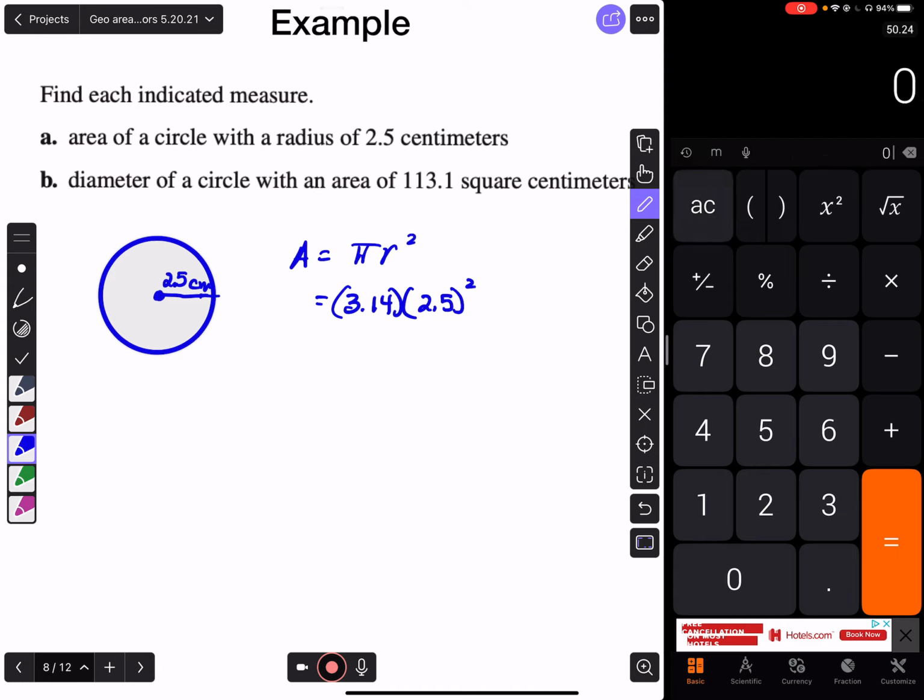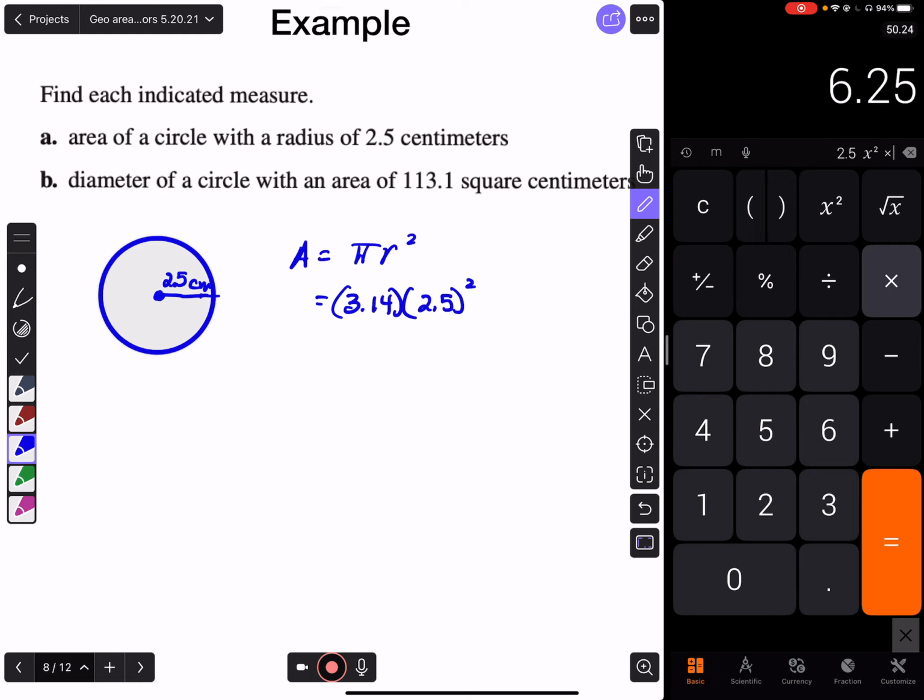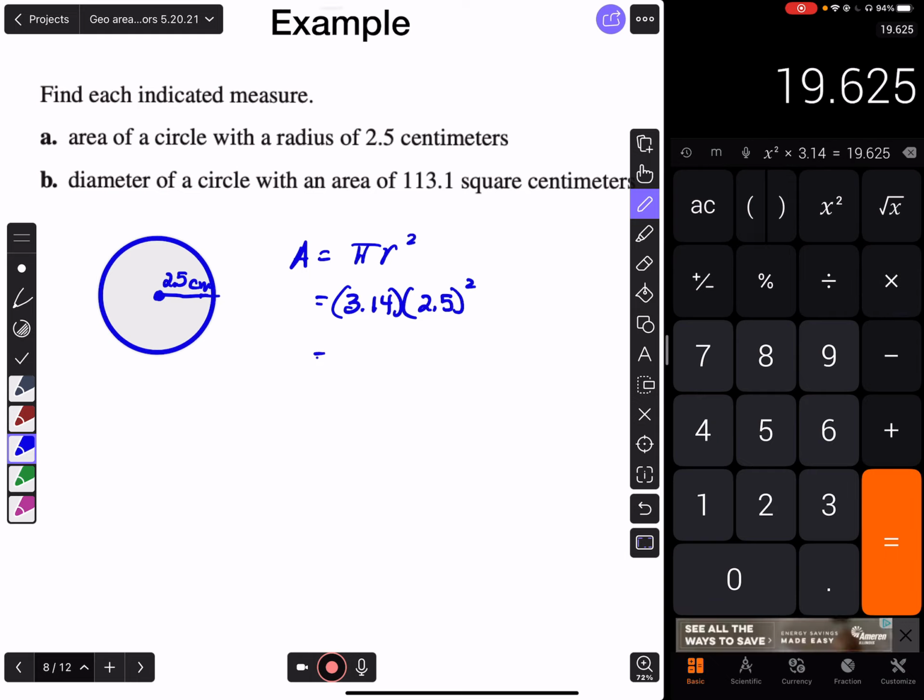So grab your calculator. Pretty straightforward. 2.5. Make sure you take care of exponents first. So you square it first, and then multiply times 3.14. And so it is 19.6 centimeters squared in area. So you could put those little squares, about 20 of those squares it would take to fill up that circle.